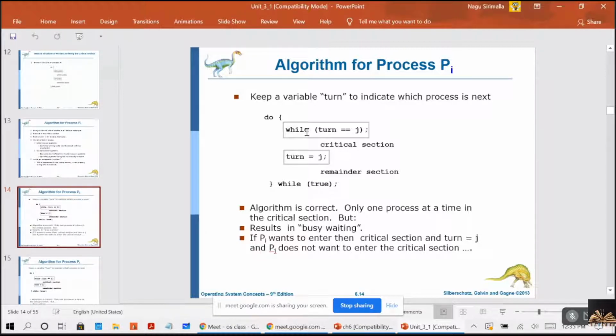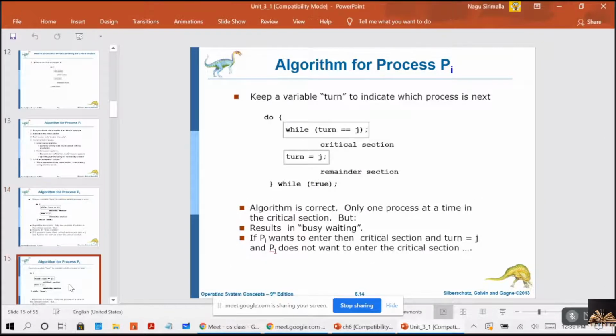But after that, if Pj doesn't want to enter the critical section, then who will change this turn variable? It is making the busy waiting. So here j does not want to enter into the critical section, and the critical section will not allow any other process to enter into the critical section, right? So you are getting this?